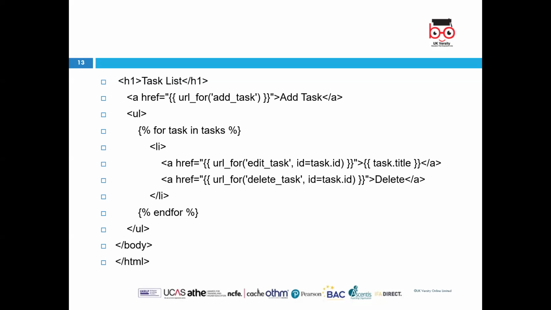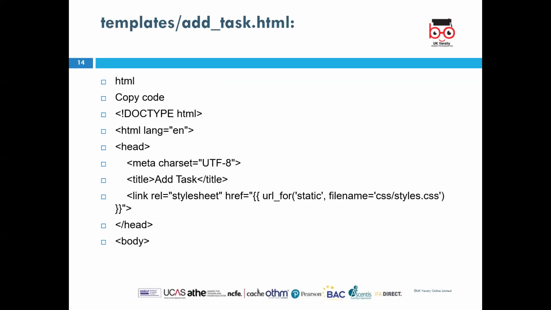So we can see from the URL, we're calling our add task function. And also we have included in our list, we can see we have our edit task and delete task.